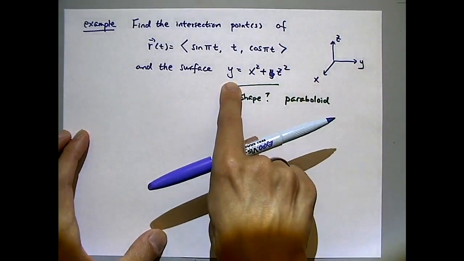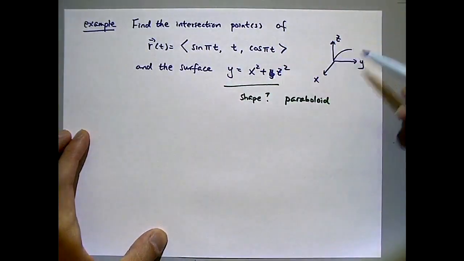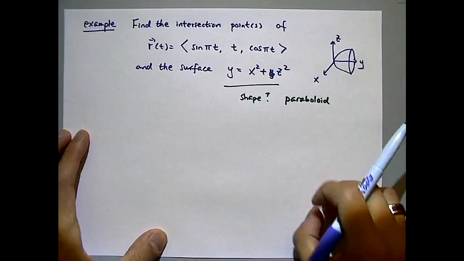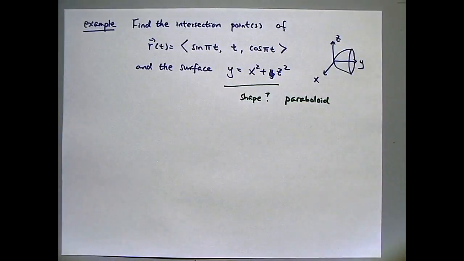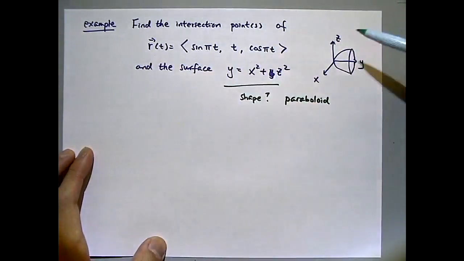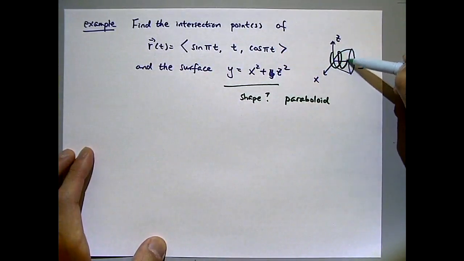And y is not squared, so this is growing in the y direction, kind of like that. Okay, so that's the surface, a paraboloid. Now inside and outside and on the surface, actually, we have this space curve that we saw in the last example. So it's doing its thing like that.